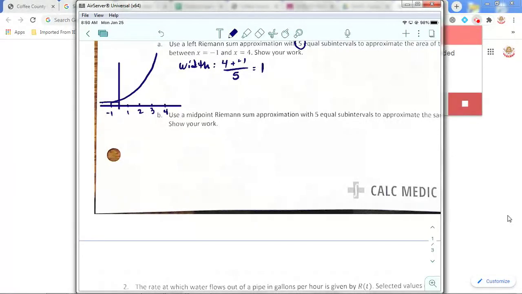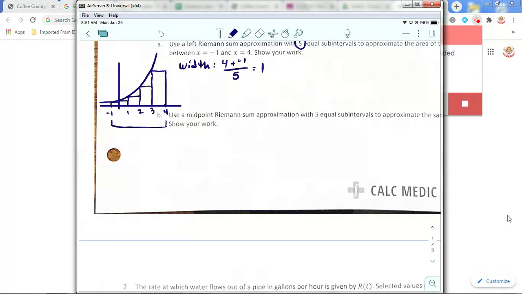Right, and then at 0, the left point is going to be on the curve. And then at 1, and then at 2. All right, and so we are trying to draw 5 rectangles that cover the area between -1 and 4.